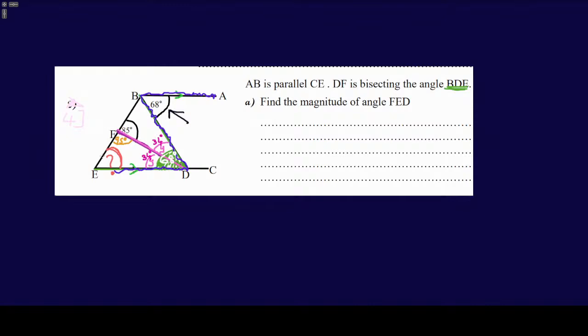Now, how can we find the question mark or this rectangle? Angles in a triangle add up to 180. So look at this triangle FED. So we know two angles in it. We know 95, we know 34. Then how to find this rectangle's magnitude?